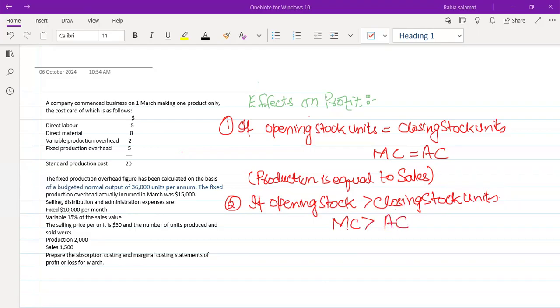Absorption costing shows less profit and marginal costing shows more profit. What it means: opening stock units are more, so your sales are more than your production. Production is less than sales.